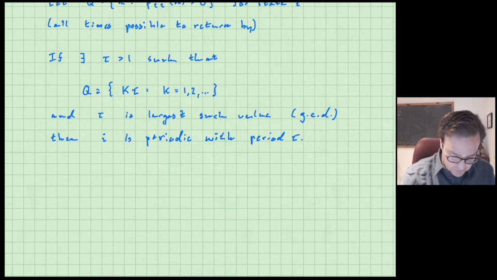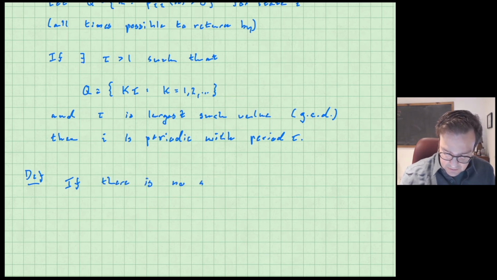So if there is no such tau, the state is aperiodic.